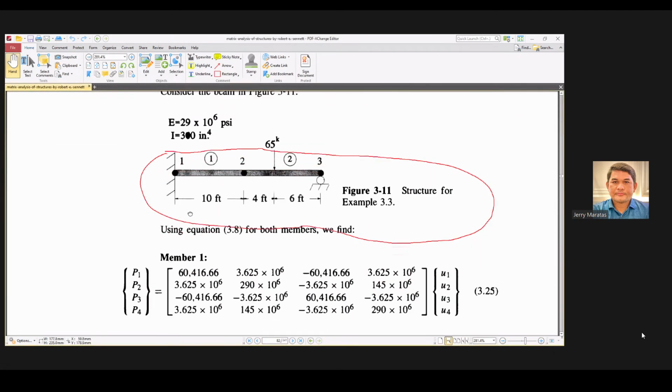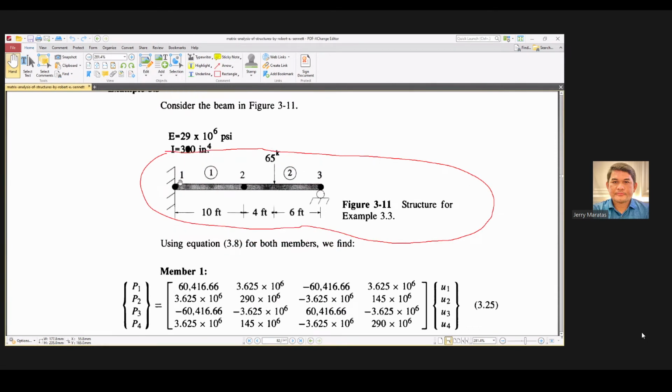Especially kung fixed yan. Sa conventional structural analysis, kung mag-fix ka, that means mo-increase ang imong static indeterminacy, mag-anam siya og ka-complex.